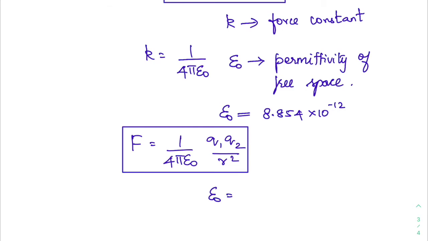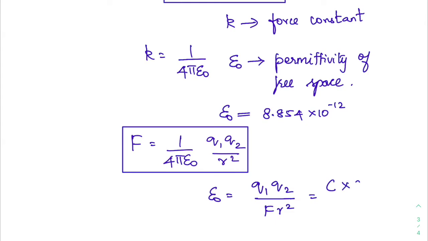Epsilon naught, the permittivity of free space, is the quantity whose unit has to be found out. So epsilon naught can be kept on the left hand side, and the other variables can be moved to the right hand side. 4 pi is dimensionless, so it doesn't have any unit, and we can neglect it. So epsilon naught can be written as Q1 Q2 by F R square, where the unit of charge is Coulomb.